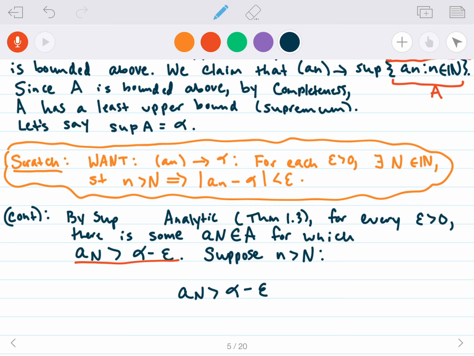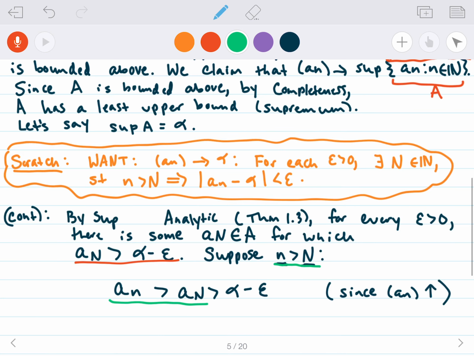But since capital N is not as far along in the sequence as little n, and since the sequence is monotone increasing, a sub capital N is smaller than a sub little n, since our sequence is monotone increasing.